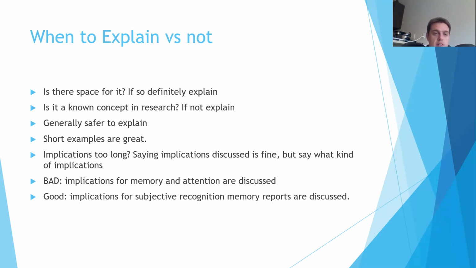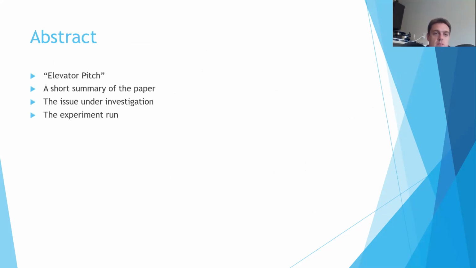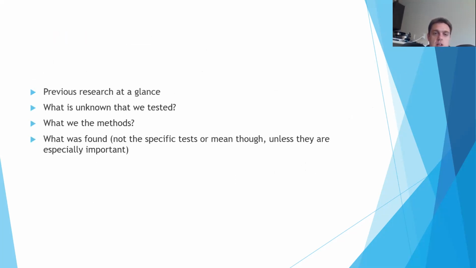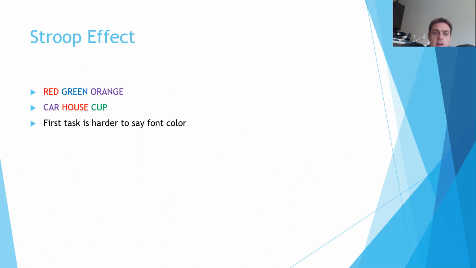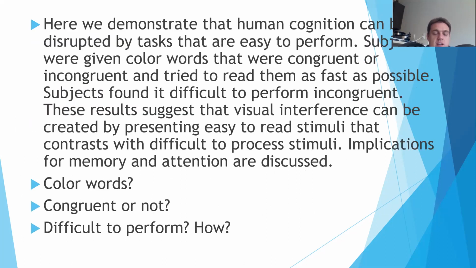Again, short examples are really helpful, like I said. And just like I talked about before, if the implications are complicated, or maybe too long, you can say implications for whatever are discussed, but at least say what the implications relate to. So going back to the previous one, saying implications for a variety of cognitive topics, or implications for memory and attention, doesn't tell us anything.